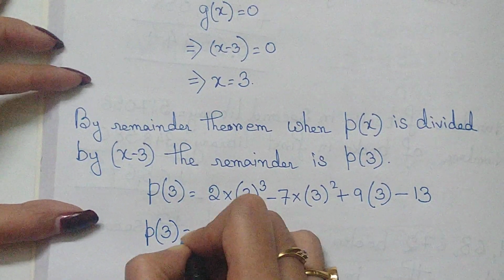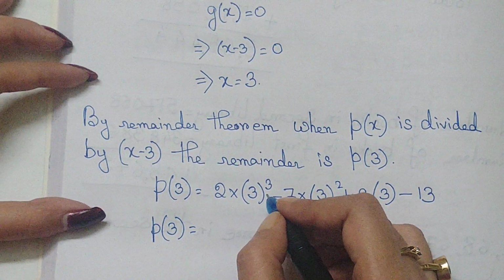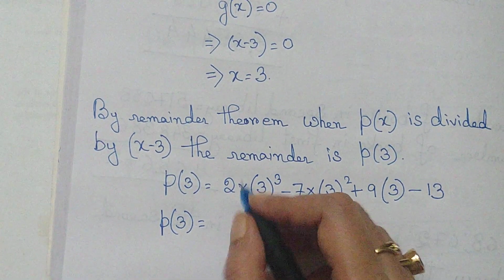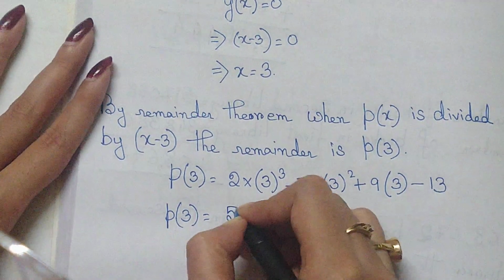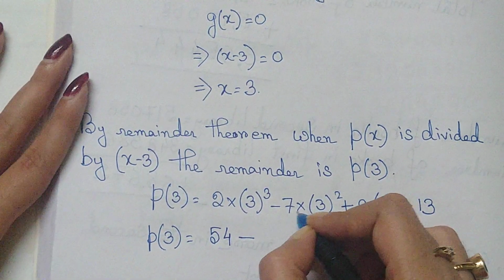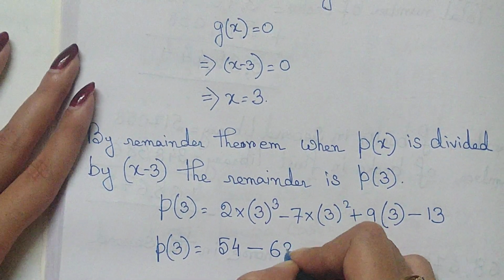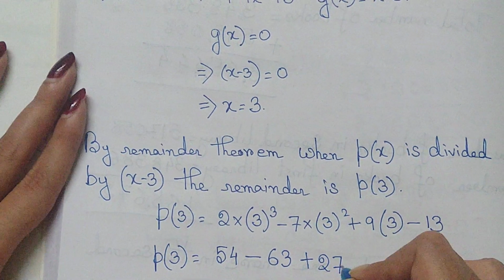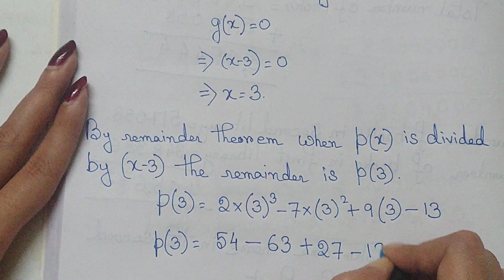p(3) equals, 3 cube means 27. 27 into 2 gives you 54, minus 3 threes are 9, 9 into 7 is 63, plus 27, 9 into 3 is 27, minus 13.